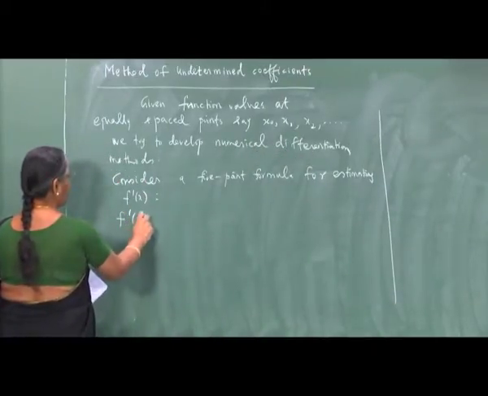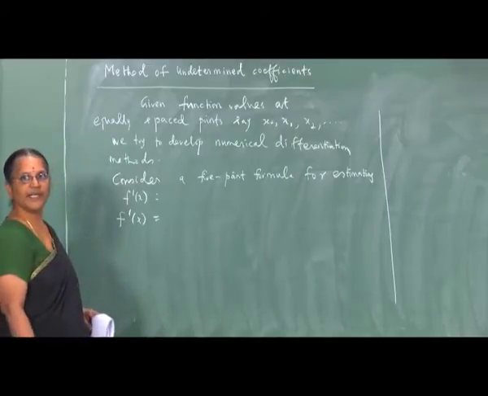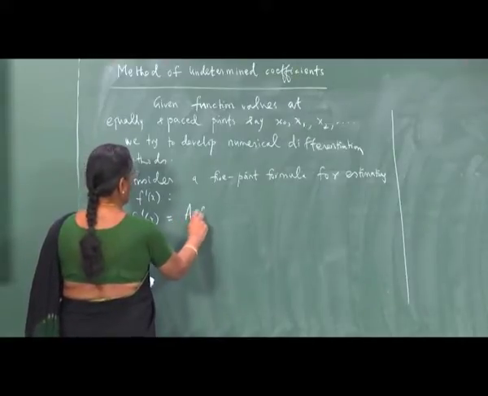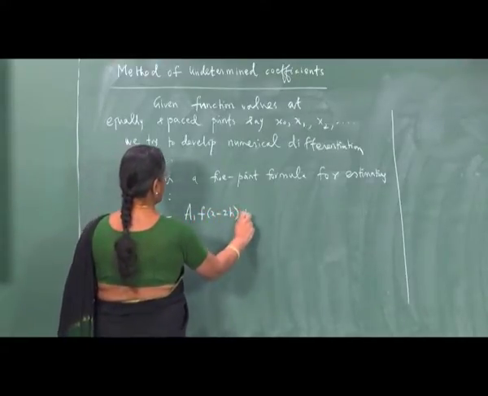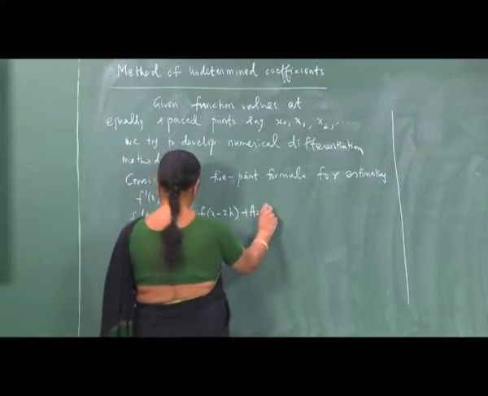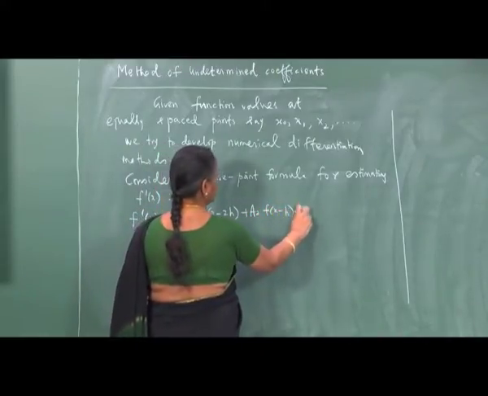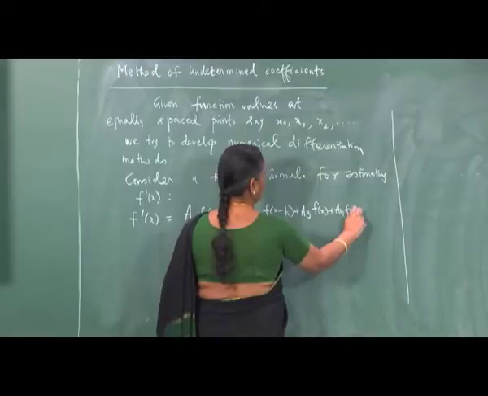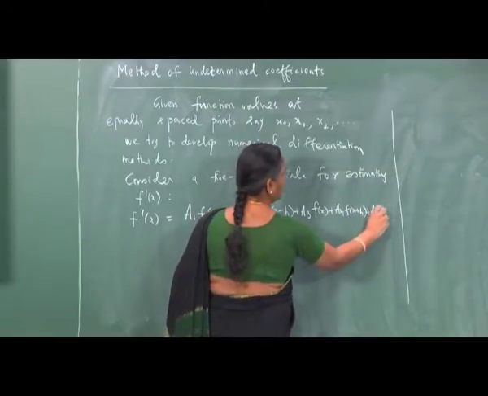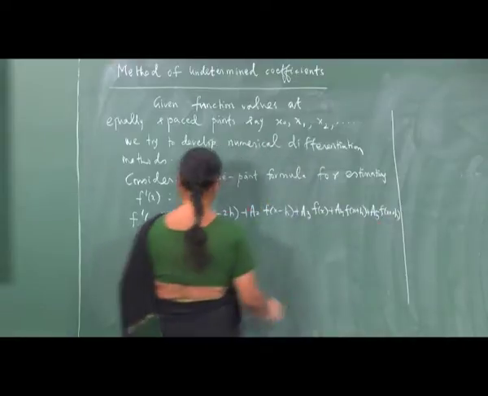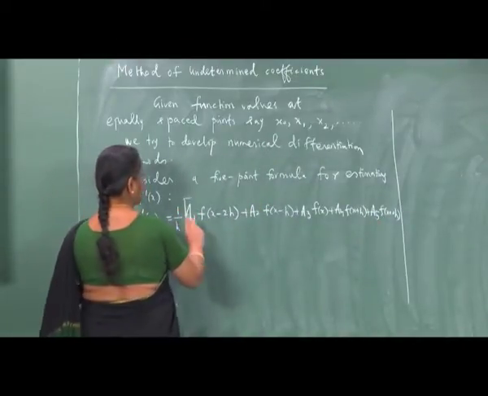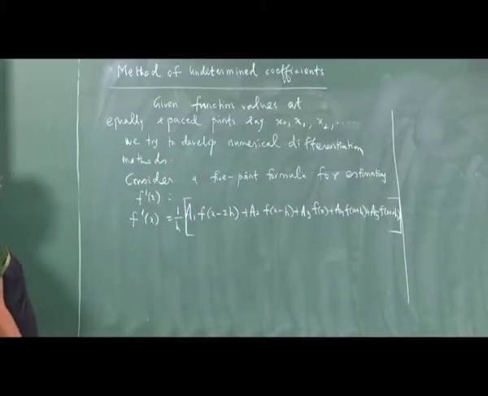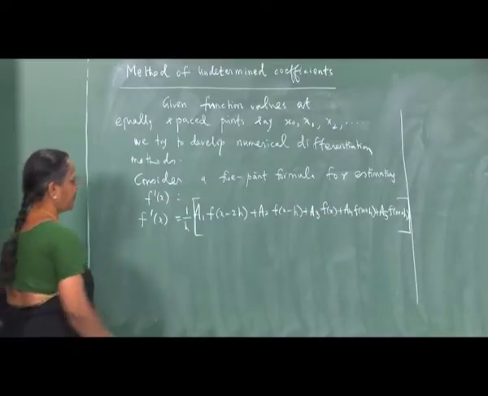Let us take the formula as f dashed of x estimated as a1 times f of x minus 2h plus a2 into f of x minus h plus a3 f of x plus a4 f of x plus h plus a5 into f of x plus 2h, divided by h. I want to construct a formula for f dashed of x in this form.